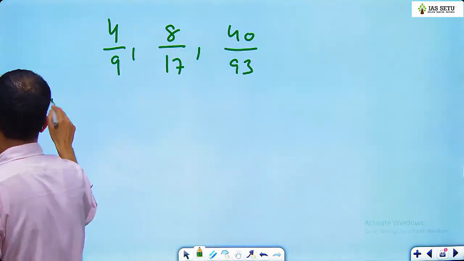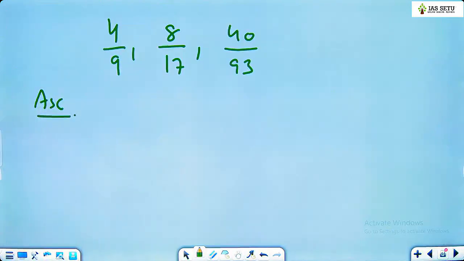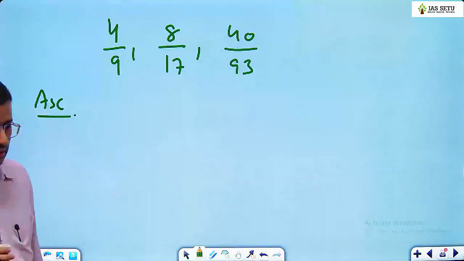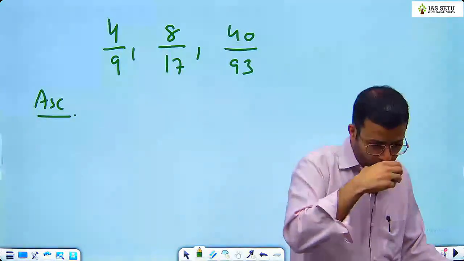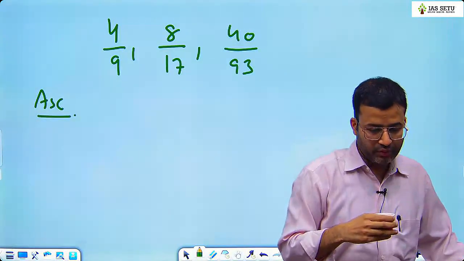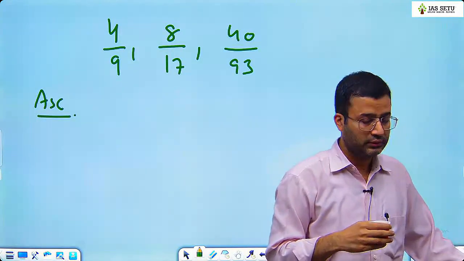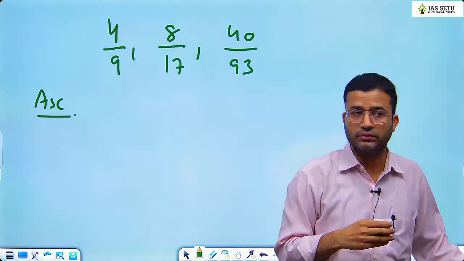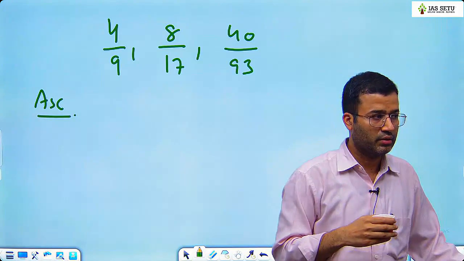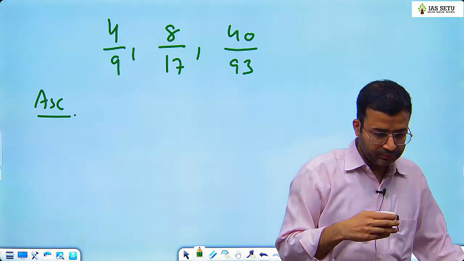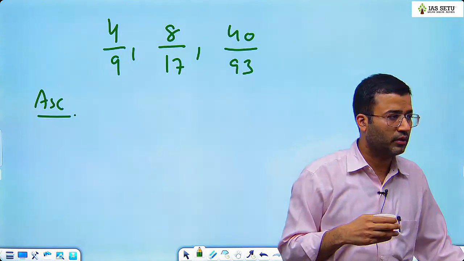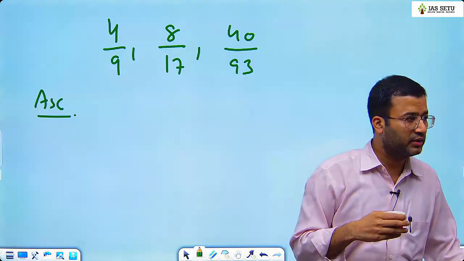You have to arrange these three fractions in ascending order. ए बी सी की टर्म में बता दो. असेंडिंग ऑर्डर. सी ए बी.